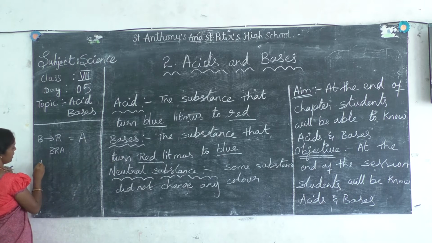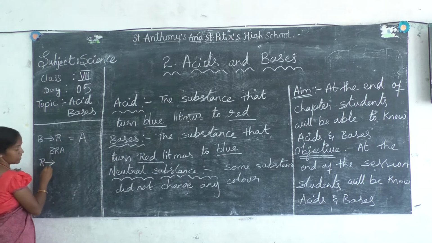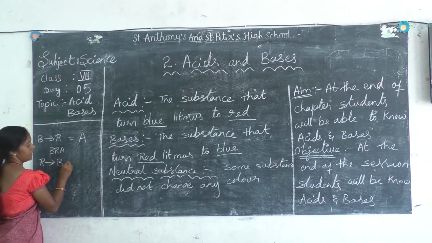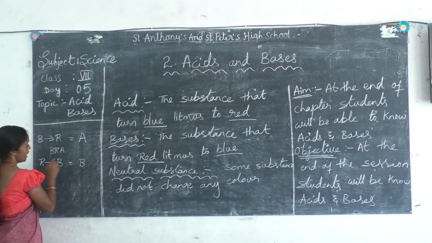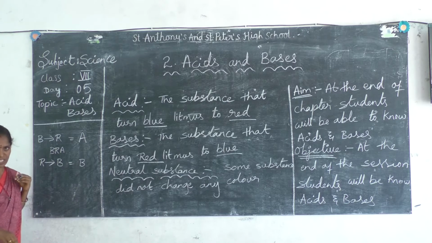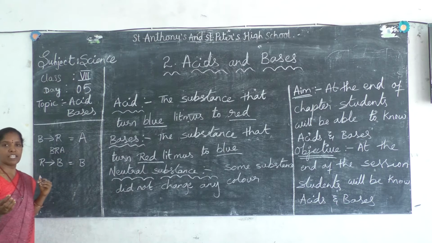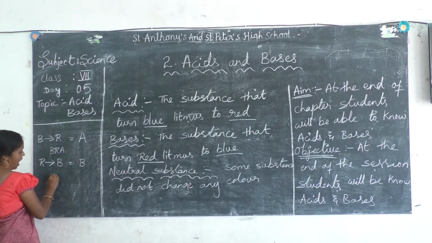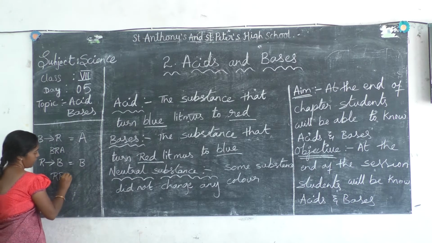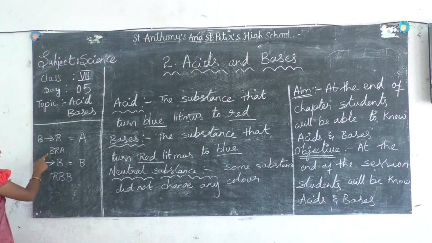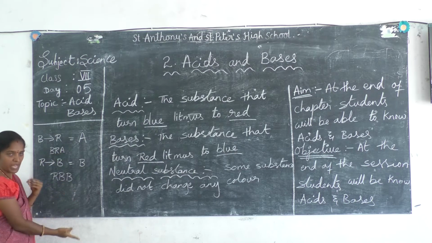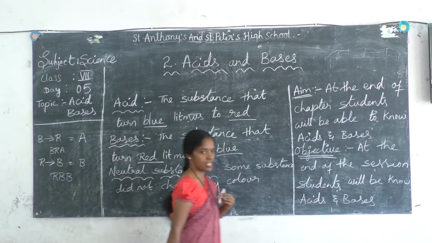Red is changing to blue, then it is a base. Remember these short forms so that you can easily identify whether it is an acid or a base. Now see here, RBB. Got it? BRA means acid. RBB means base.